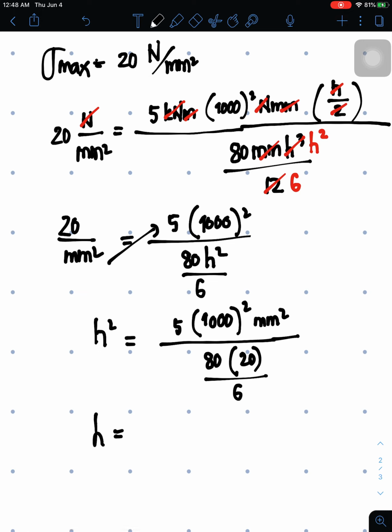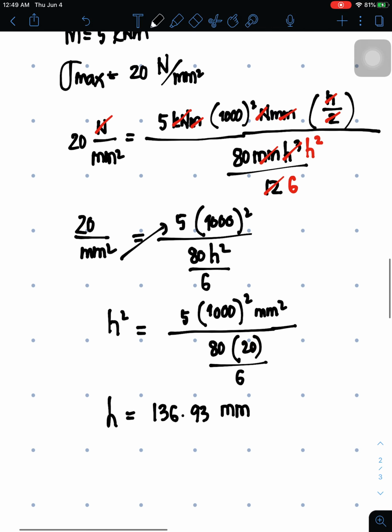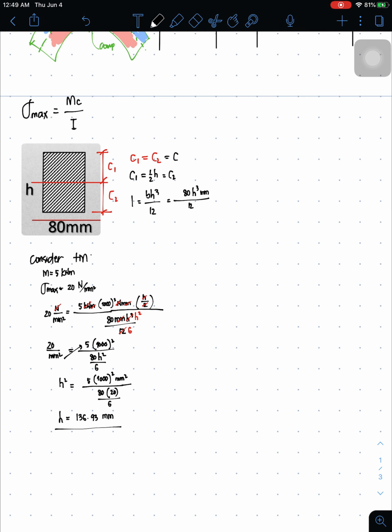Then H is 5 times 1,000 squared divided by 80 times 20 divided by 6, and you get the square root. The answer is 136.93 millimeters. This is our H. Is this the final H?